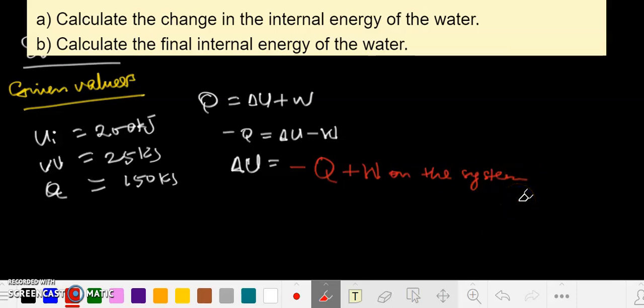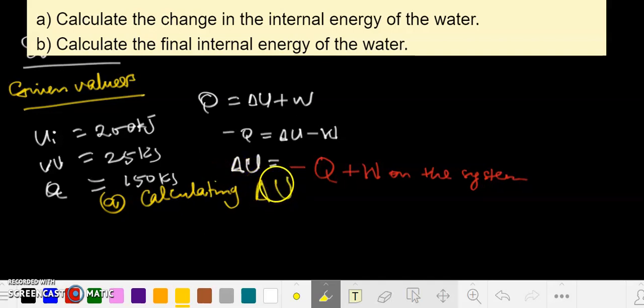Okay, so now we are ready to calculate the change in the internal energy of the system. Question A, we are to calculate the change in internal energy.